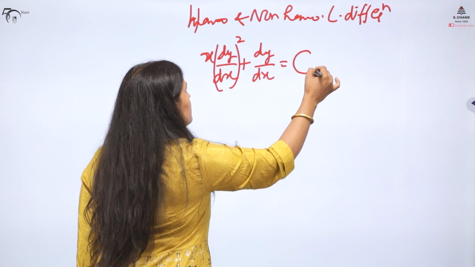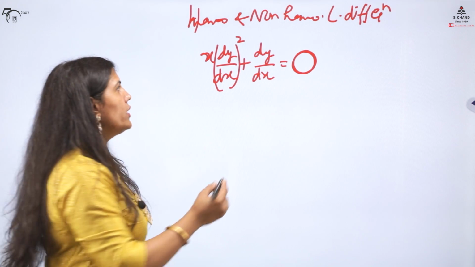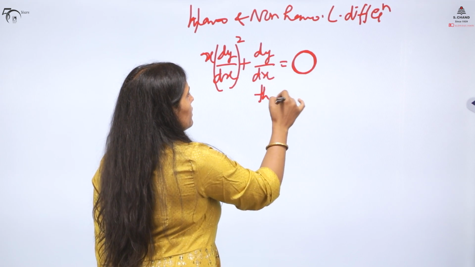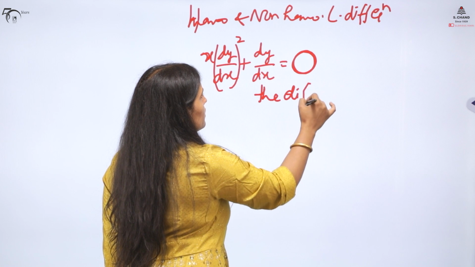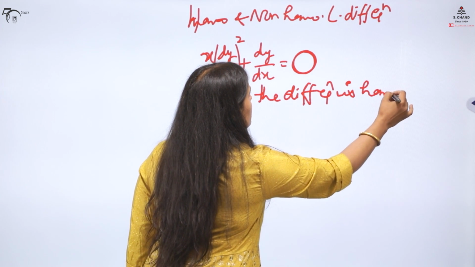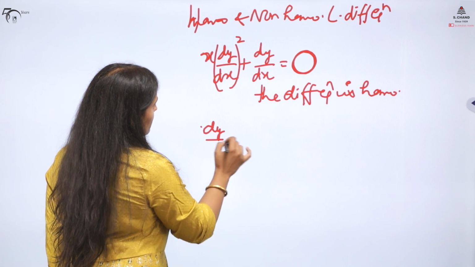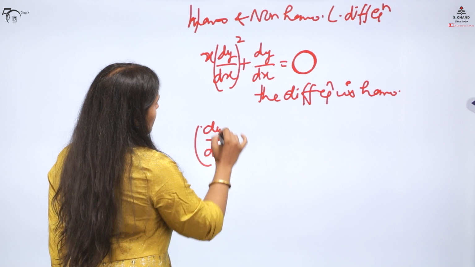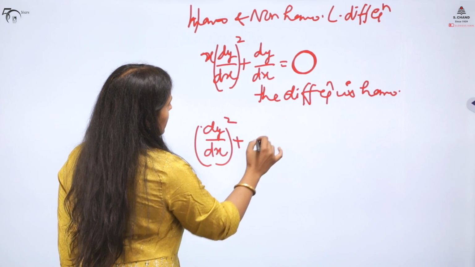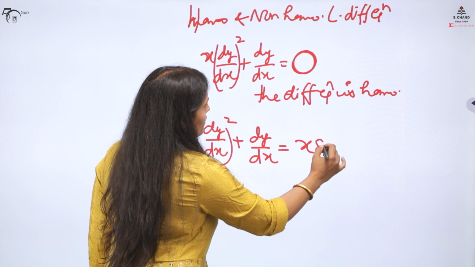and on the RHS you have 0, then you say that the differential equation is homogeneous. And suppose you have an equation of this type.